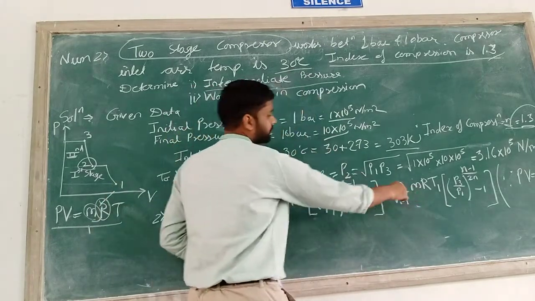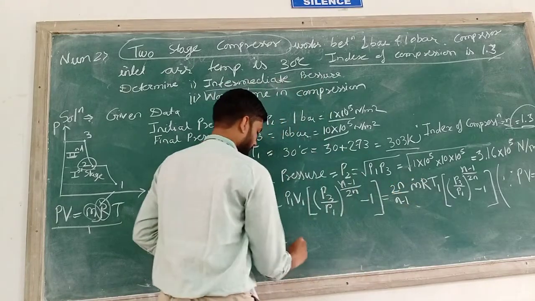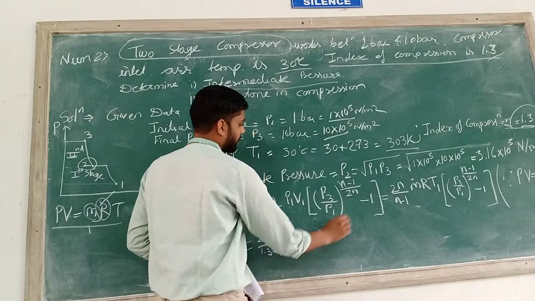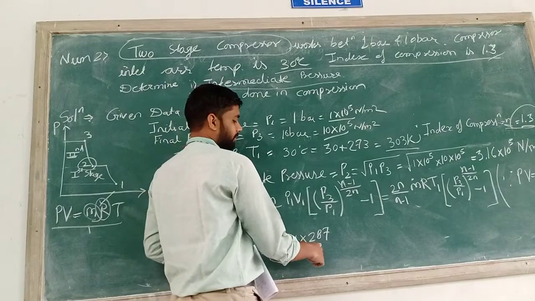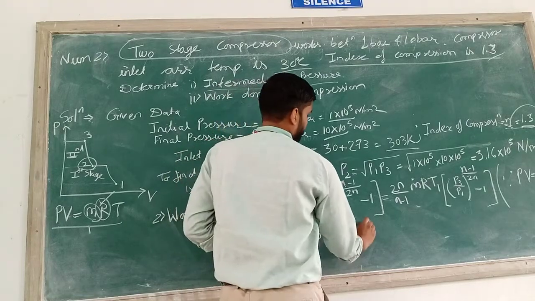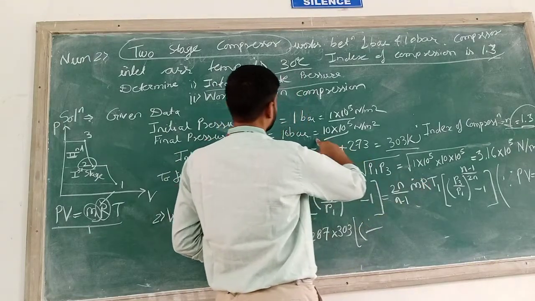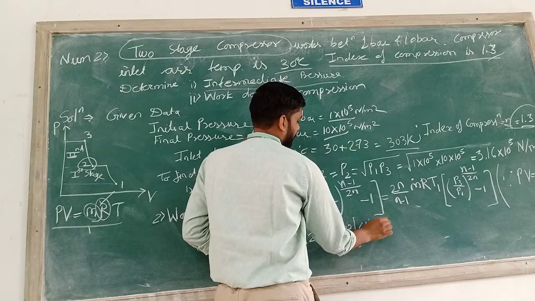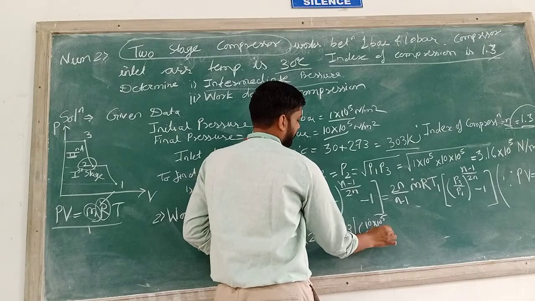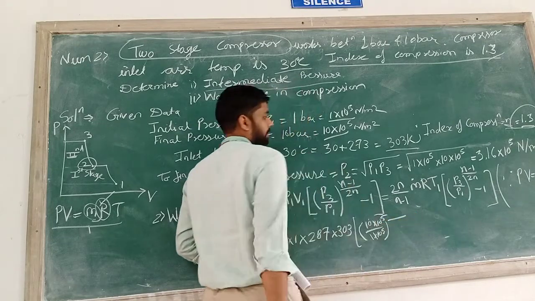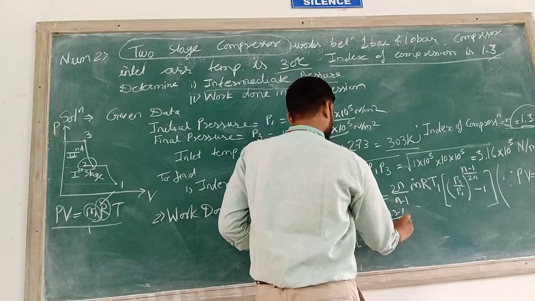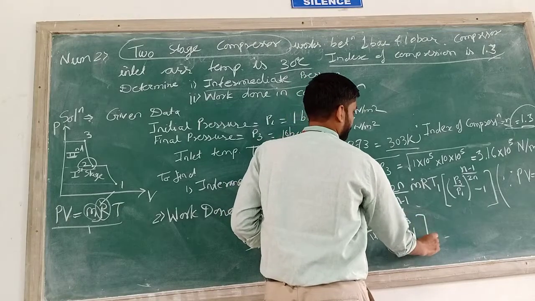The value of m can be taken as 1, the value of R is 287 joule per kg Kelvin, and the temperature is 303. The value of P3 is 10 bar, so 10 into 10 raised to the power 5 upon the value of P1, which is 1 into 10 raised to the power 5, raised to the power 1.3 minus 1 upon 2 into 1.3 minus 1.